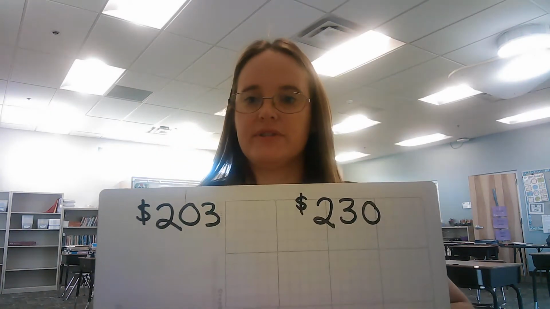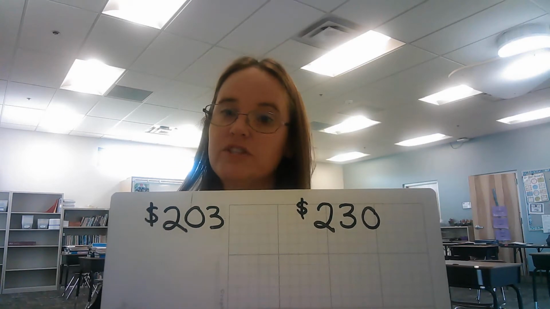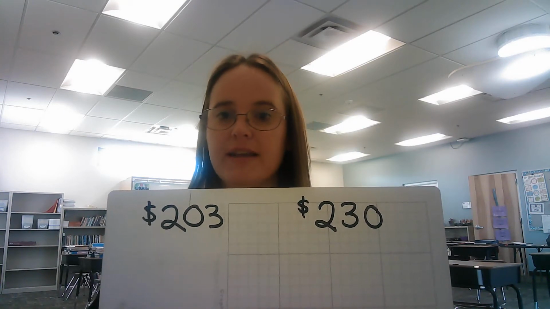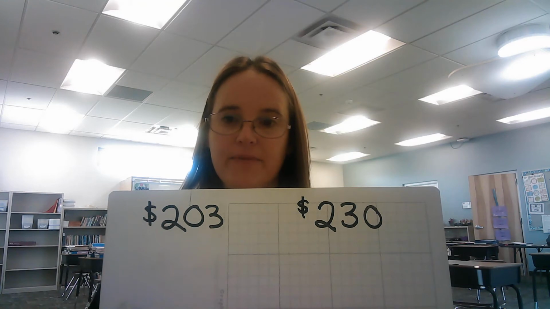So here are my values. You need to show both of these side by side because once you've got them, we're going to talk about it a little bit and compare them. So pause the video now, get that set up, and then we'll move on together.